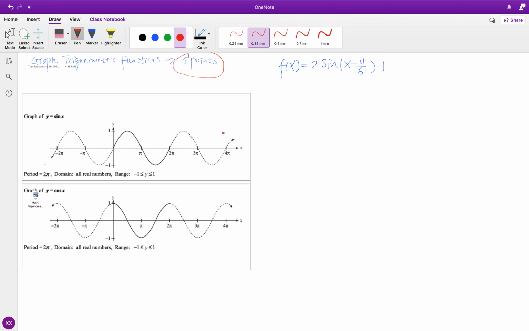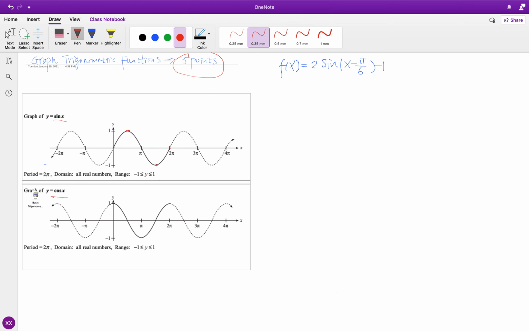Okay. Now, before we start on the steps, I first of all need everybody to very carefully look at the two basic graphs. So this is sine, this is cosine. Now sine, when there's no transformation, the period would be 2 pi, and the amplitude will be 1, right?